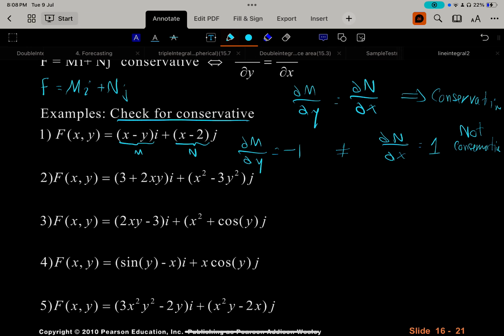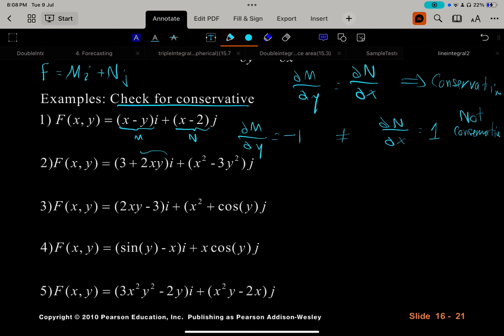Now our second example, this is M, this is N. The partial derivative of M with respect to y equals 2x, the partial derivative of N with respect to x equals 2x, and they are equal, so the function F is conservative.